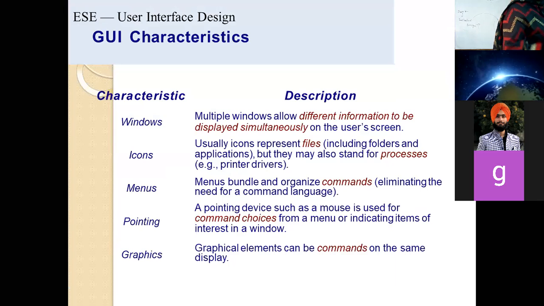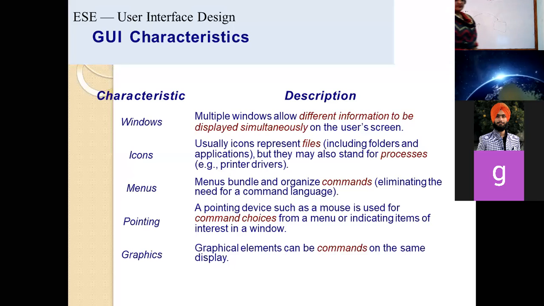Next topic we are starting is GUI characteristics. The characteristics of a graphical user interface include windows, icons, menus, pointing, graphics, etc. And what do these mean?